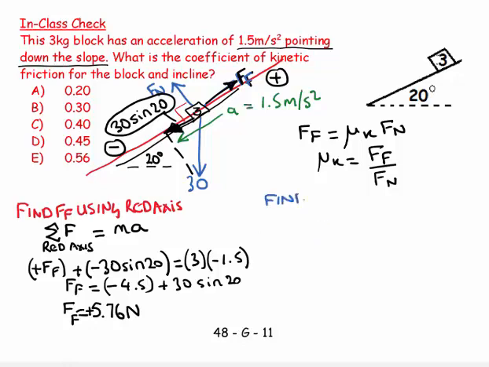Find Fn, using, I want to ignore Ff. I'm going to use the green axis. I'm running out of colors, aren't I?